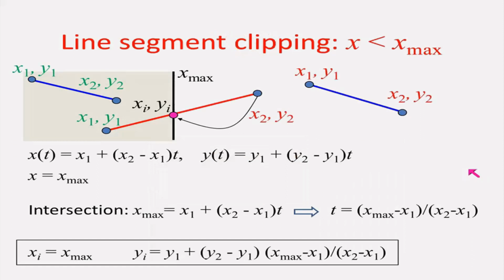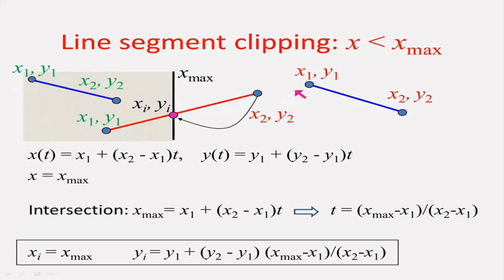Let us consider a line segment and its clipping on a single half plane. For example, the half plane of equation x is smaller than x maximum. If both endpoints are inside, then the complete line segment is inside, since the inner region is a half plane which is convex.